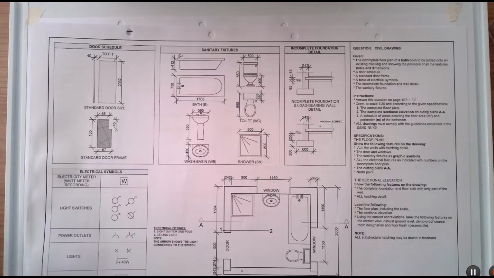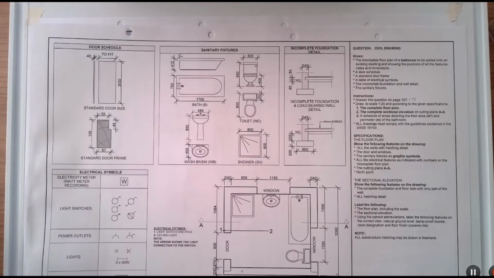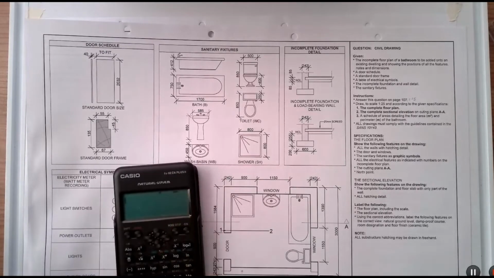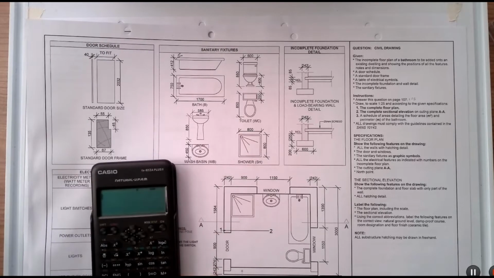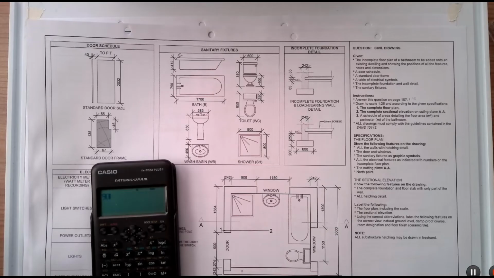So with the floor plan, you have to ensure that all your dimensions are converted to scale 1:25. So I'm going to take my calculator and I will be converting each and every dimension here to scale 1:25. So you will see there by the door 900.